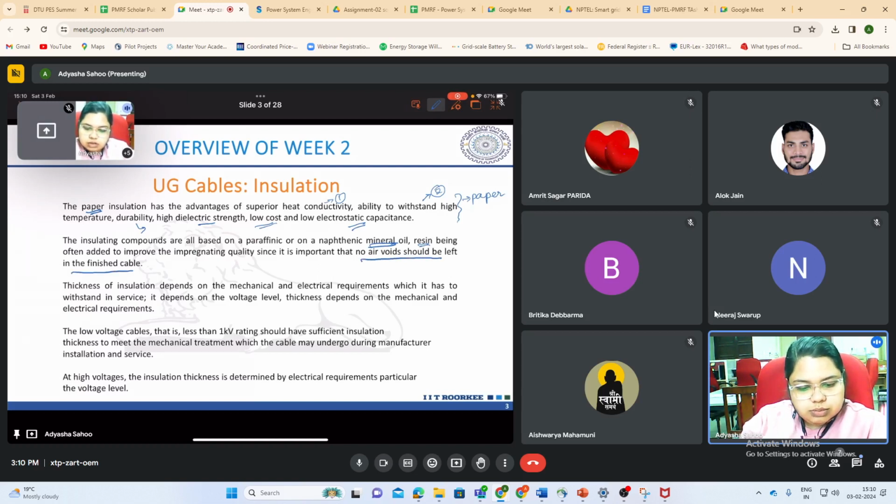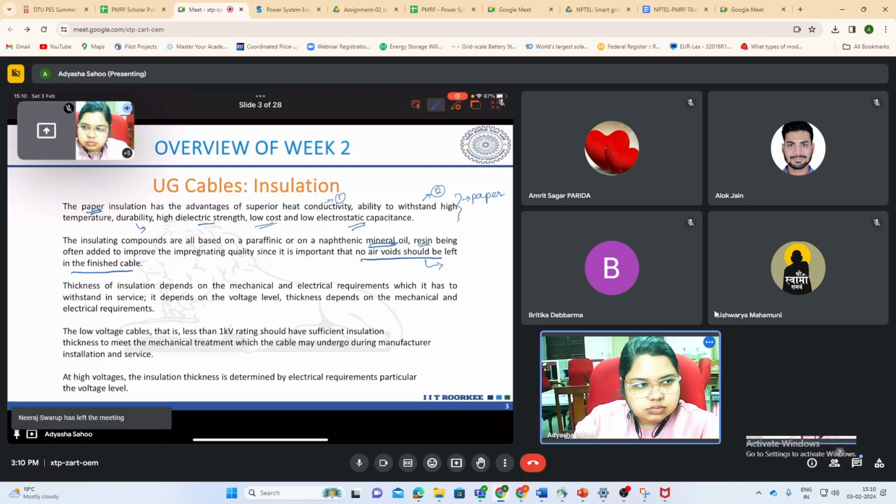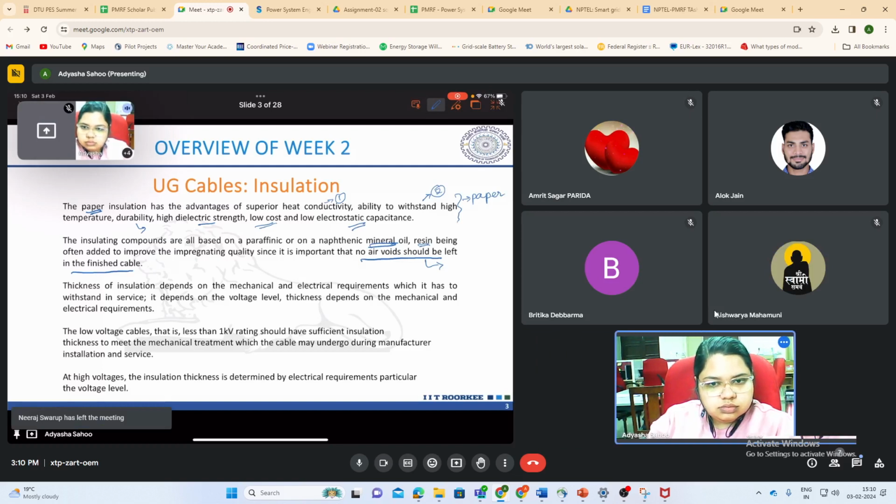So, can anyone tell me what is the problem if air voids are formed in the cable? Why are we concerned? Let there be the formation of air voids. What threat does it impose to us?